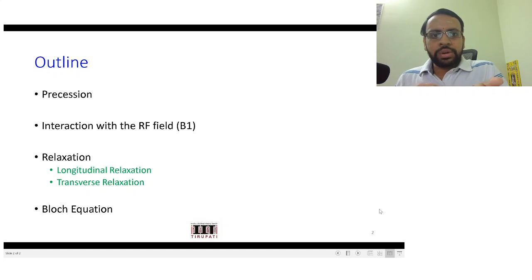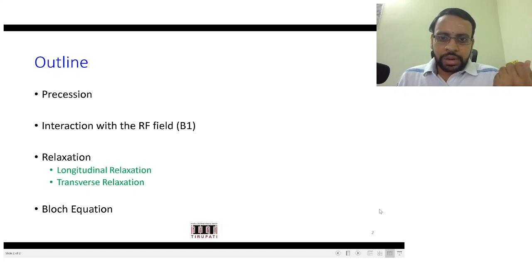And then how, once you withdraw your RF field, this is going to impact the magnetic field that you are obtaining. And finally we would be deriving empirically the Bloch equation that assimilates or summarizes the discussion so far. Okay, let's start.